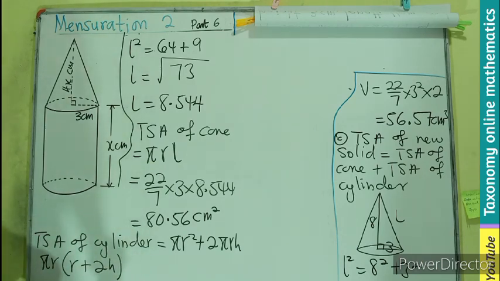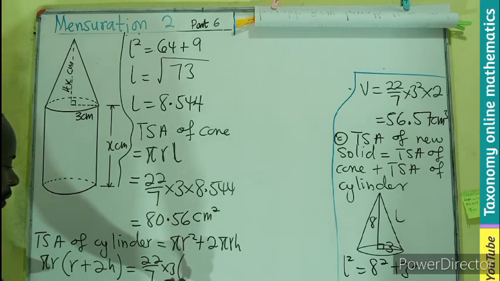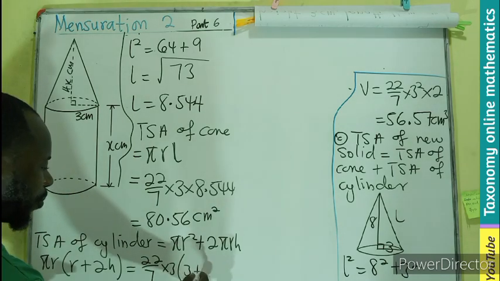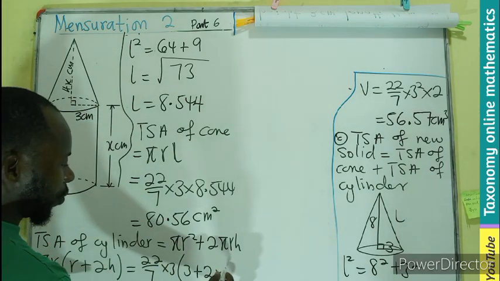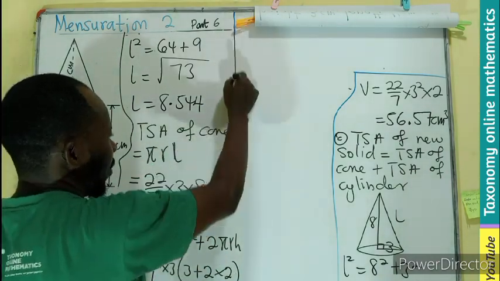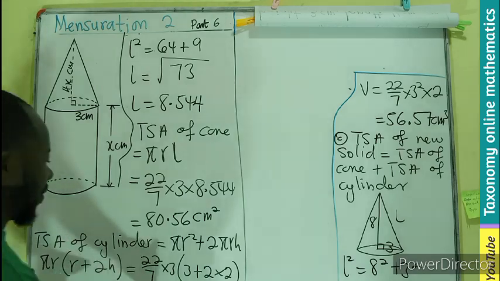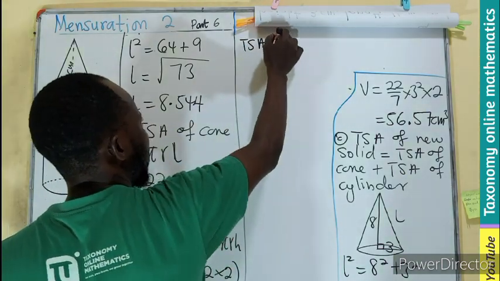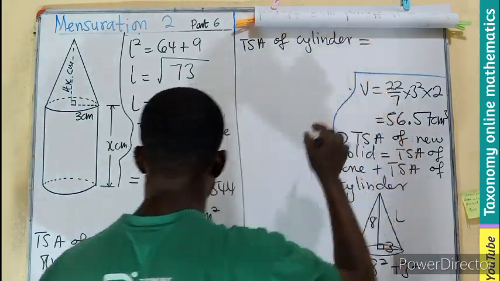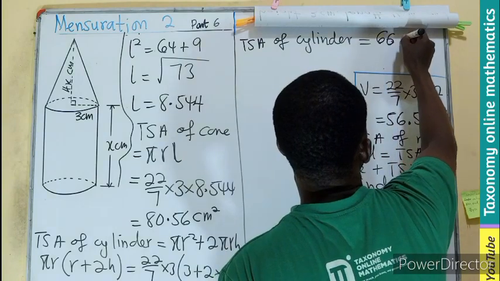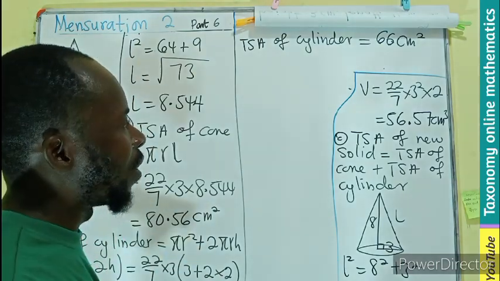So we can do our substitution. 22 for pi over 7 times 3 into bracket 3 plus 2 times the height of what? The cylinder, which is also 2. Let's compute this. So I believe we can have 66 centimeter squared. So 66 becomes the total surface area of the cylinder.